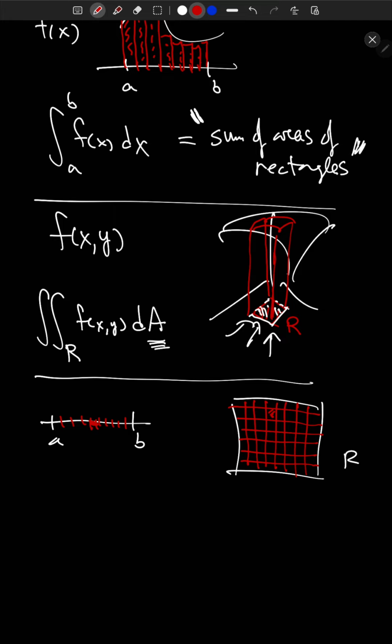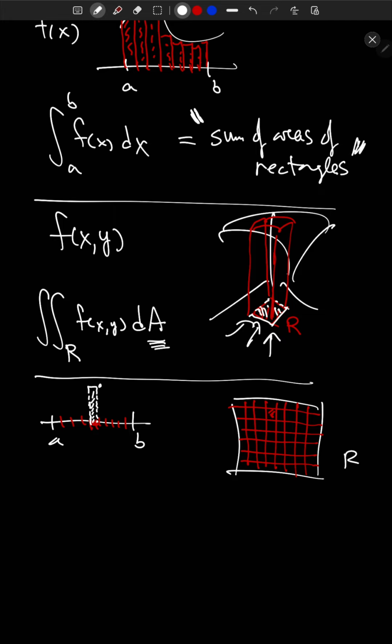All right. So in the one variable setting, for each of the segments, what we do is we take the height of the graph above, let's say, the right endpoint, and we draw a rectangle, and we calculate the area of that rectangle. That represents a small chunk of the area underneath our entire curve. So now we're going to do exactly the same thing.